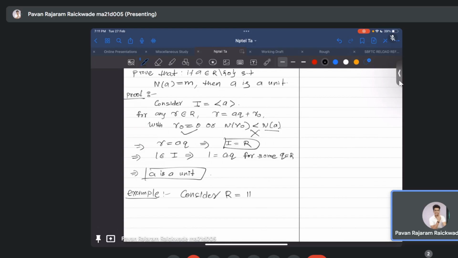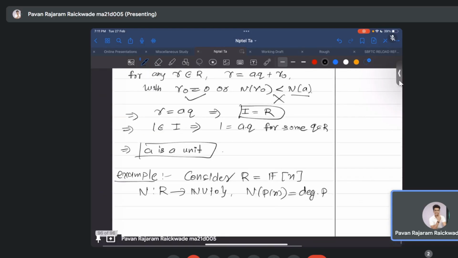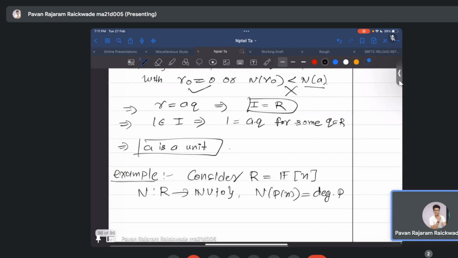Consider R to be F[x], and N to be the degree of p. So now what is the M here? M is the minimum of degrees of p(x), where p(x) is a non-zero polynomial.